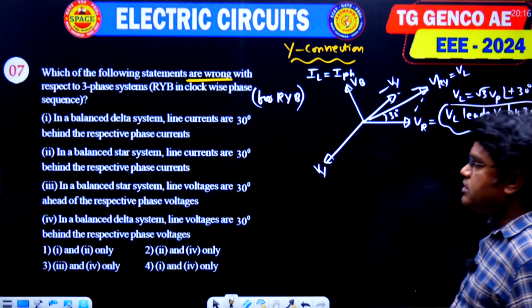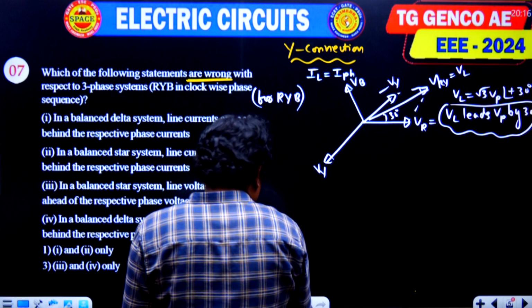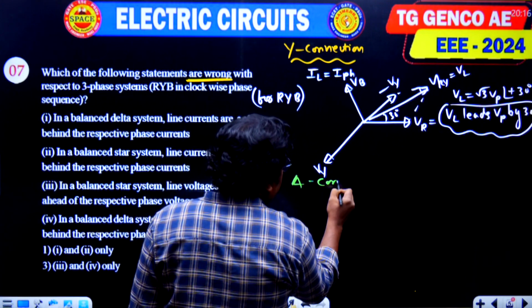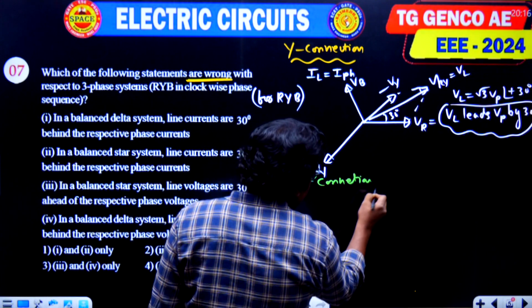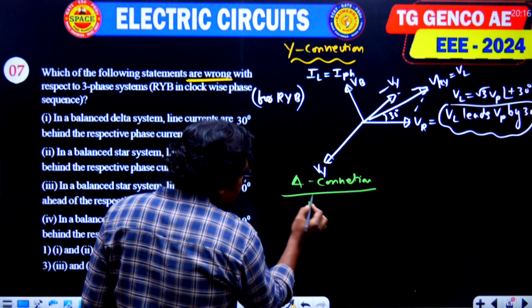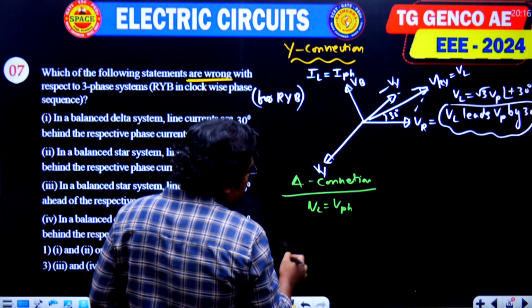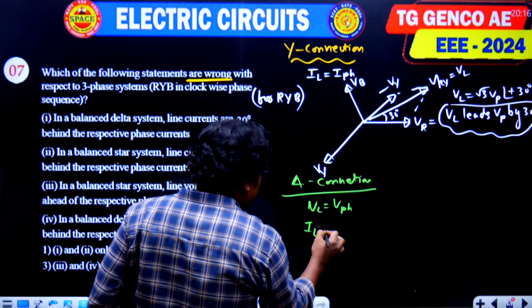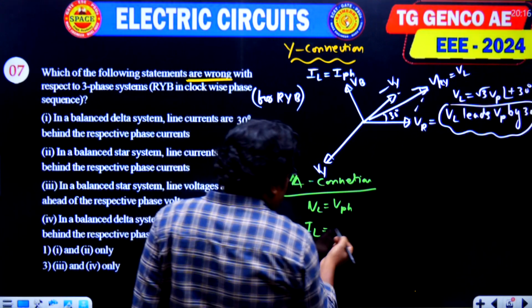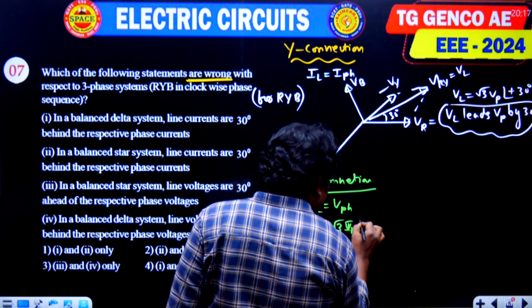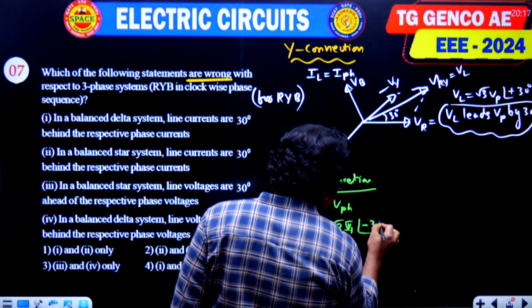So just verify this statement. Next one is the delta connection. In the delta connection, the line voltage is always equal to the phase voltage, but the line current is always √3 times the phase current, at a lagging angle.